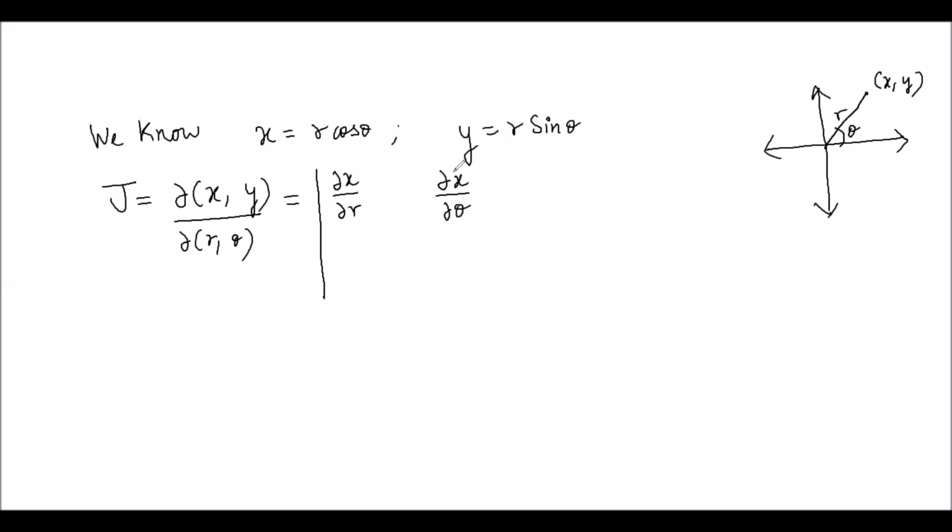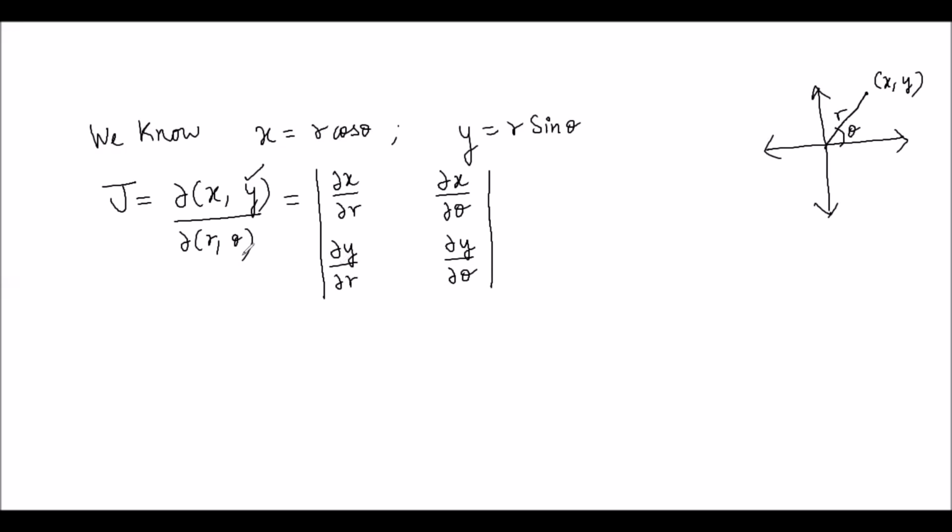We read it as del x by del theta. Now we have y here, so the second row will be for y: the partial derivative of y with respect to r and the partial derivative of y with respect to theta. So we have this one.